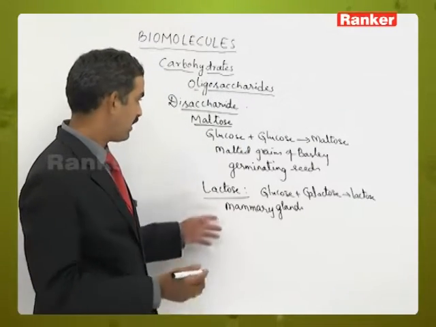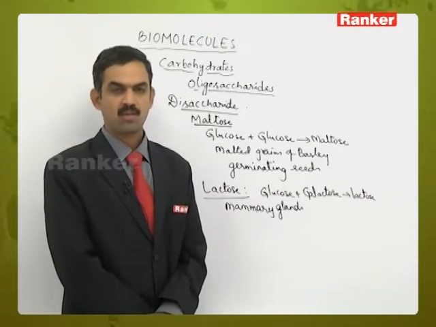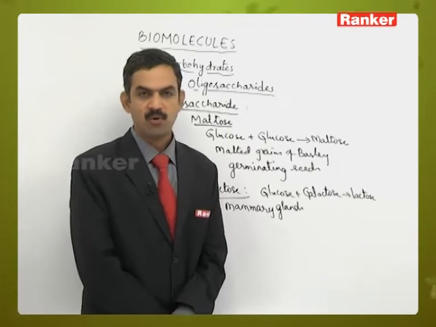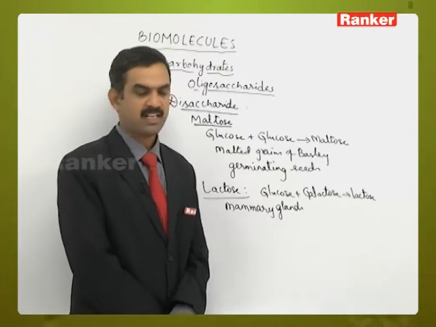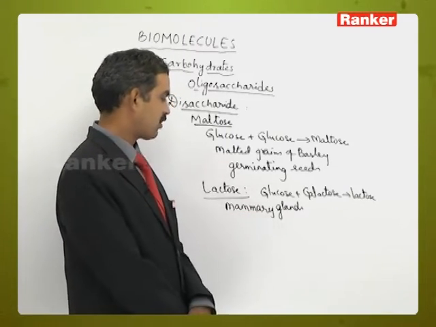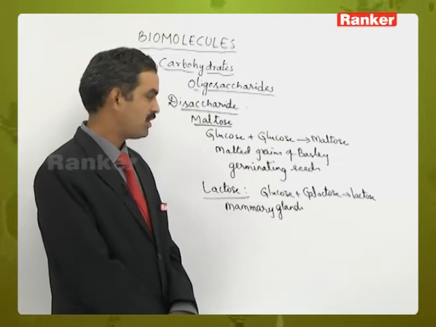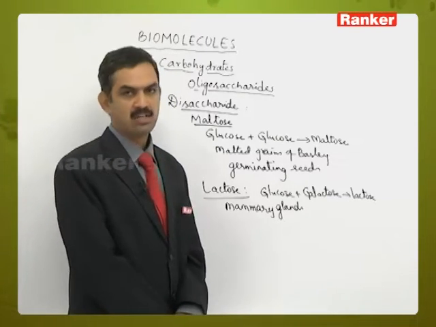So these types of disaccharides are present, which are combinations of different types of molecules. Here also we can see the alpha 1,4 linkages, that is between the first carbon of glucose and the fourth carbon of galactose. The linkage is formed to form a disaccharide called lactose.